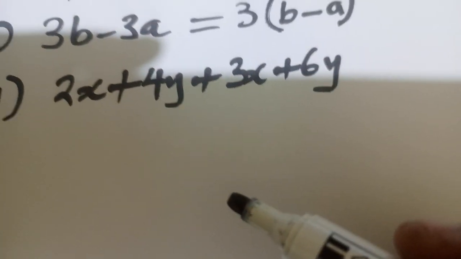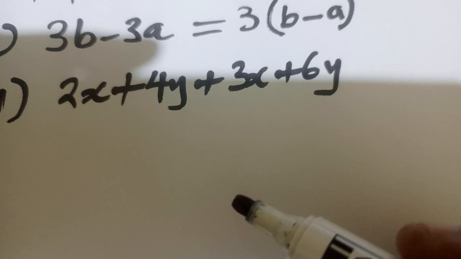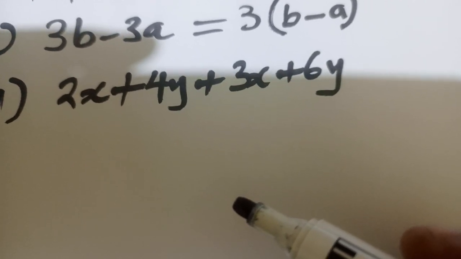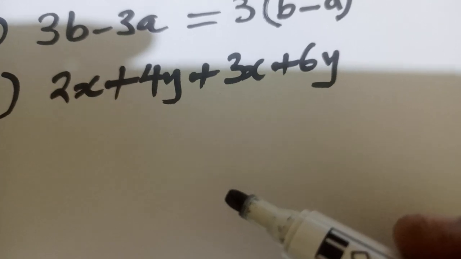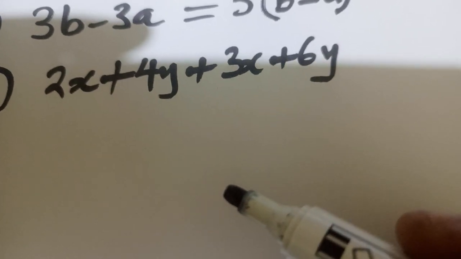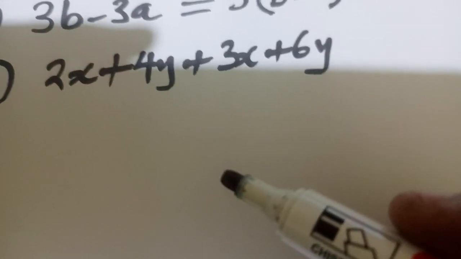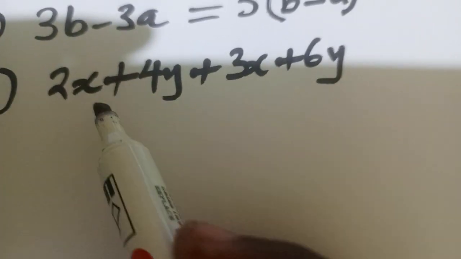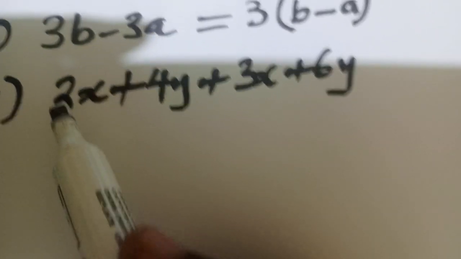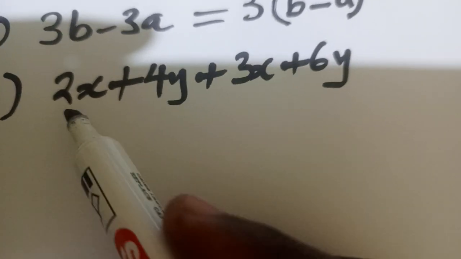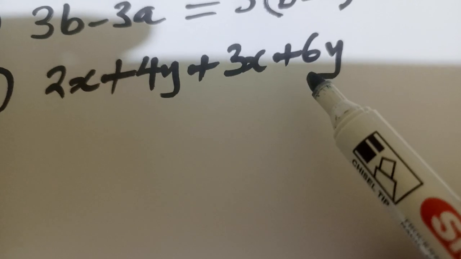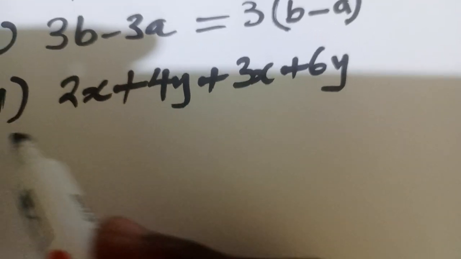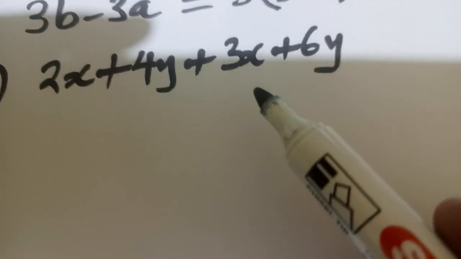And we have said for us to introduce brackets, we first of all look for common factors of the terms that are in that expression. So let's check here. Is there a common factor to all these terms? We have 2x, 4y, 3x, 6y. From the face of it, there is no common factor.